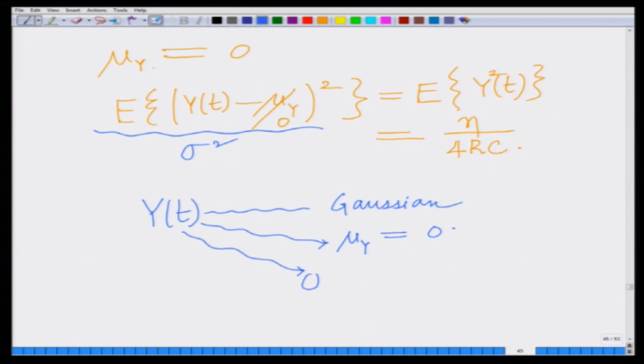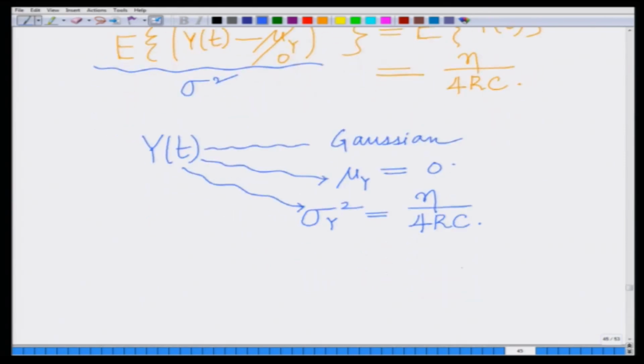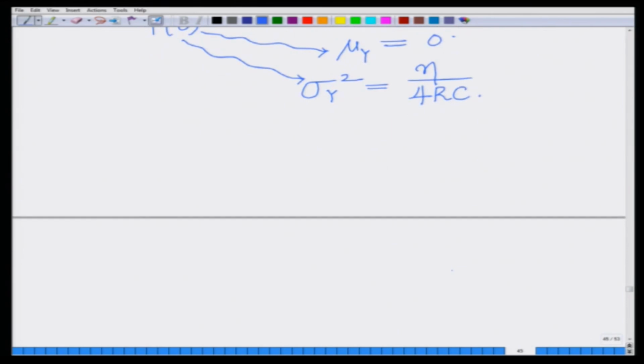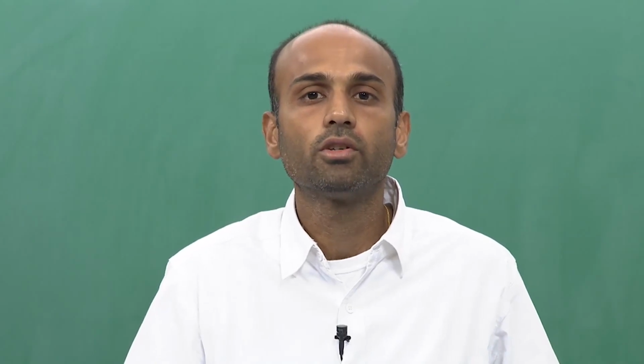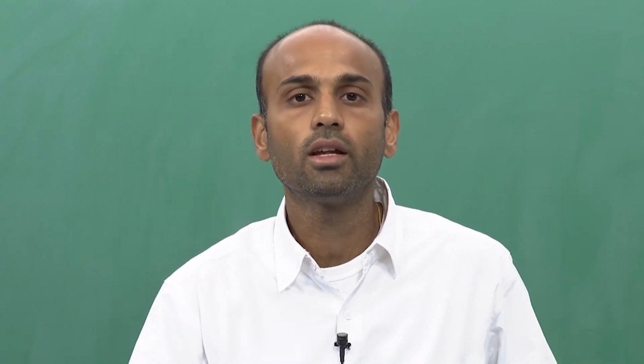The variance, if you were to call it sigma y square, is equal to eta by 4RC. And therefore, remember the joint probability density function at any combination of times is Gaussian. Therefore, at any particular time t, the probability density function of y of t is Gaussian.